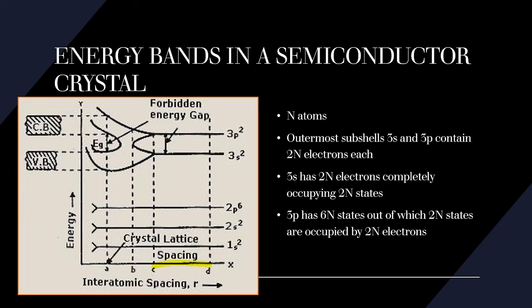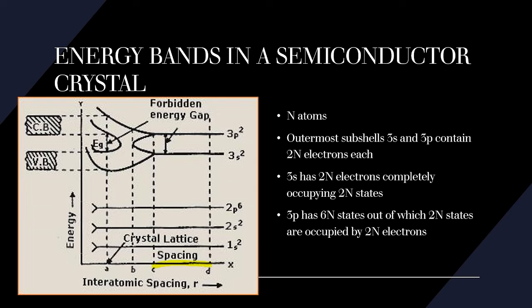Now, can I say that out of these 8n states, 4n states are filled, और ये 4n में 2n आपकी 3s से आ रही है और 2n आपकी 3p से आ रही है. So, 4n levels are completely filled with valence electrons and other 4n levels are empty.